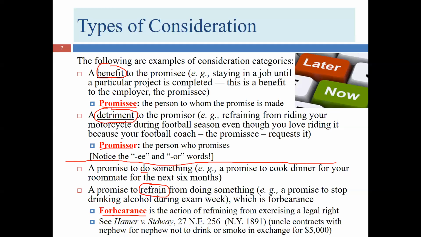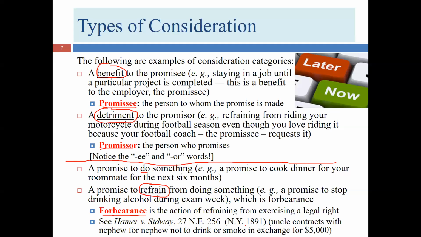There's an interesting historical case, Hamer versus Sidway. This is, again, fairly old, over 100 years old, and this is from New York State, so it's not really part of our common law, but this is a case that has a fair amount of fame associated with it.